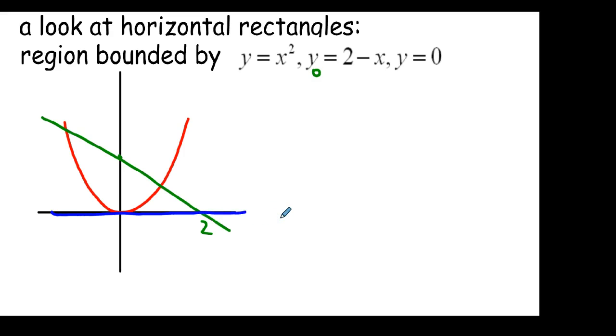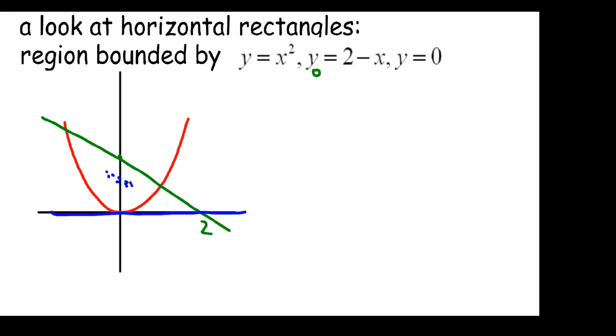Now, where's the region? What do these three things enclose? Give me a basic shape of it. Triangle. A lot of students will want to say, oh, it's this. Nope, because this is not created by that blue line.